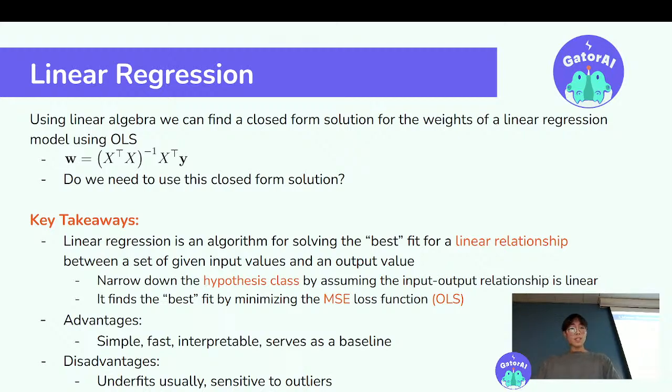It helps because it narrows down the hypothesis class, which, remember, is the set of functions we are looking in, by assuming the input-output relationship is linear. It may not necessarily be linear, at which point we're essentially wasting our time. But still, linear regression is great because it serves as a baseline for our models.